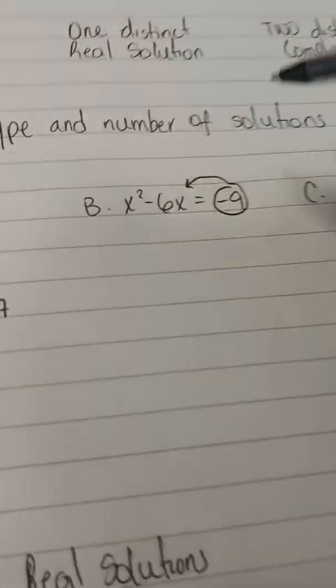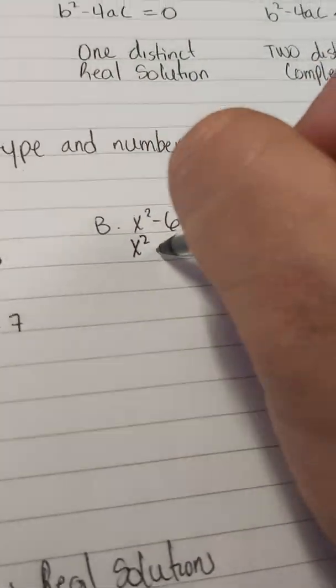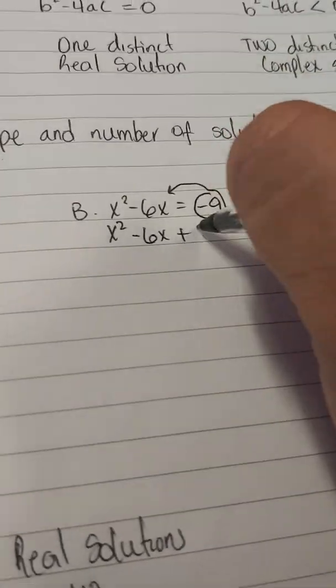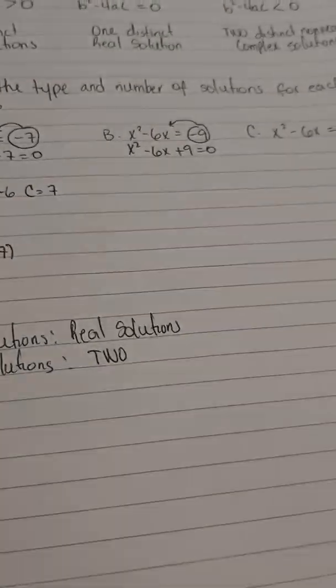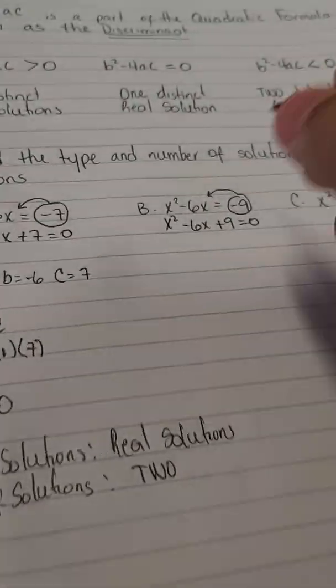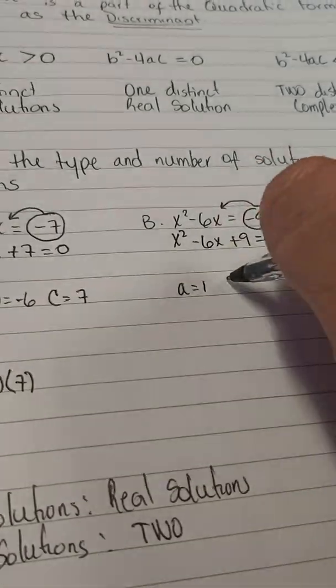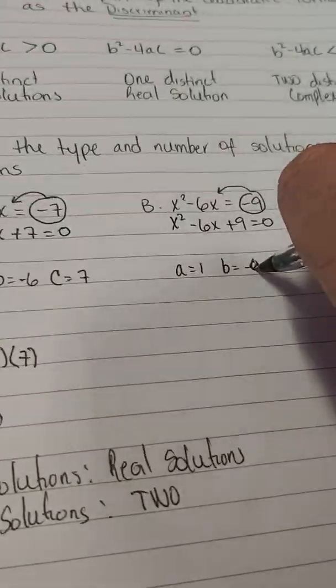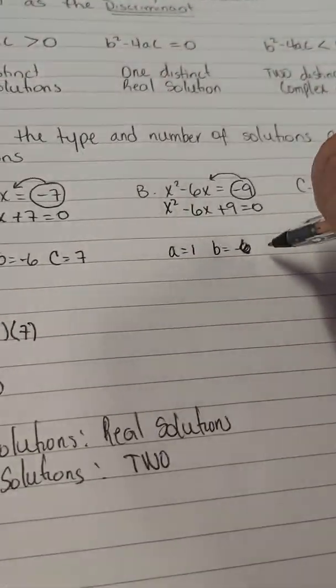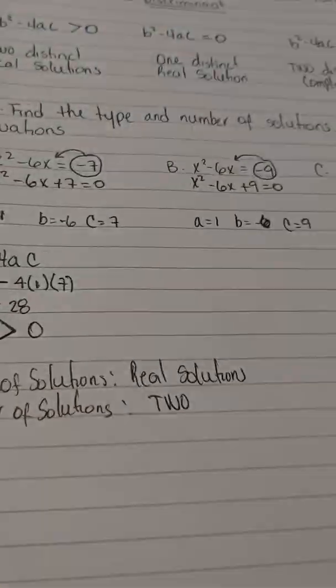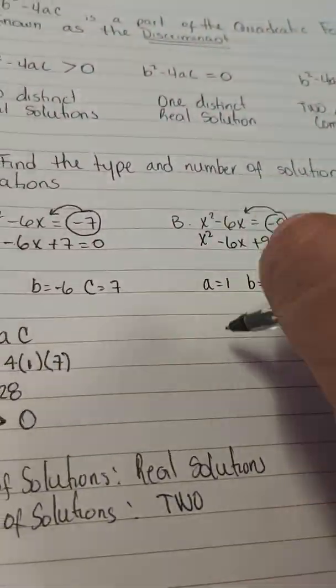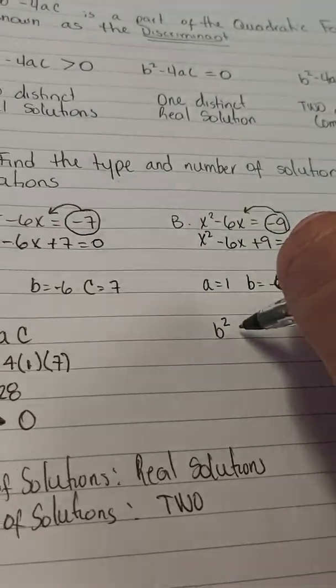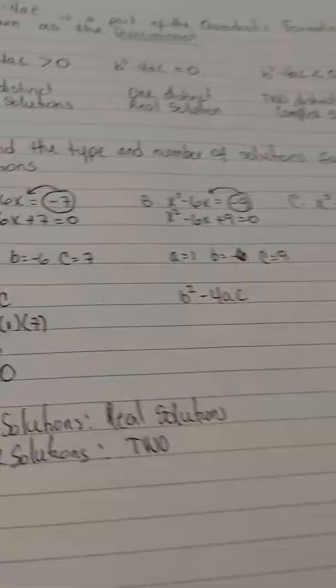Now, in part B, we do the same. We pass 9 to the other side, and we get x squared minus 6x plus 9 equals 0. So we know that a equals 1, b equals negative 6, and c equals 9. We use the discriminant, b squared minus 4 times a times c.